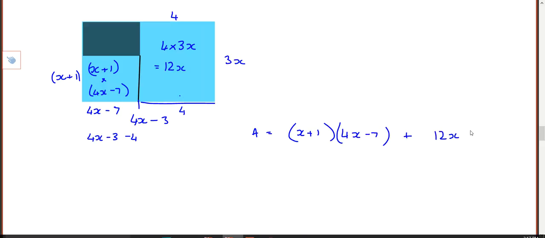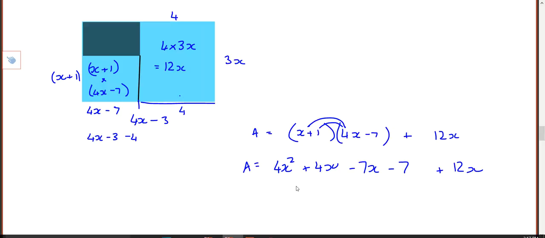Where did this 12 come from? 4 times 3. Okay? So then we've got 4x squared plus 4x, and then minus 7x and minus 7 plus 12x. That would be the area.